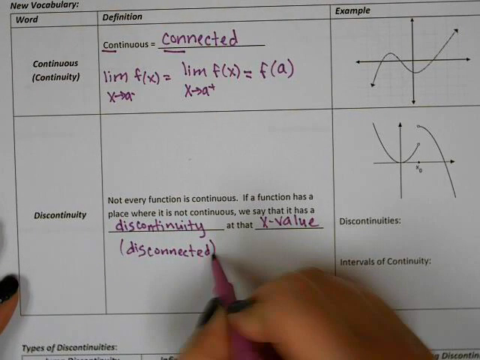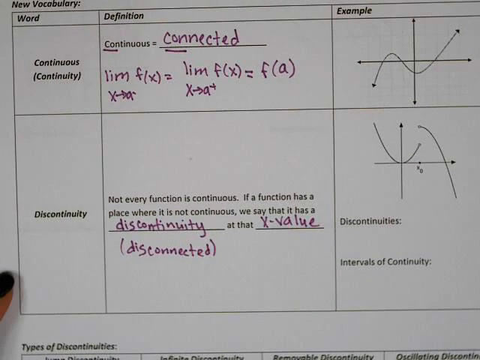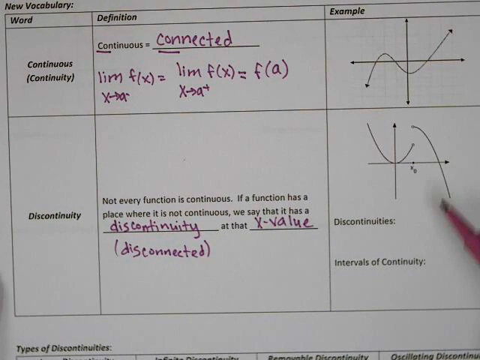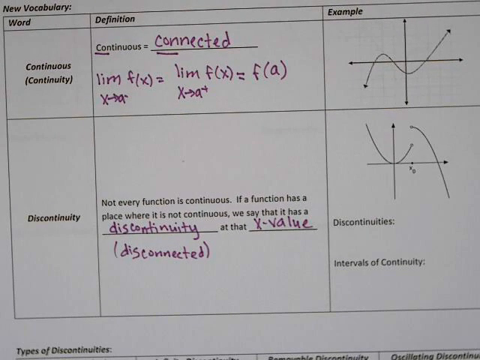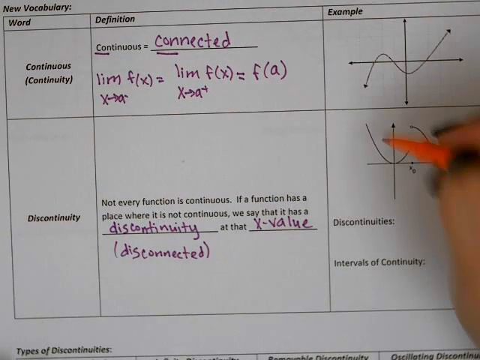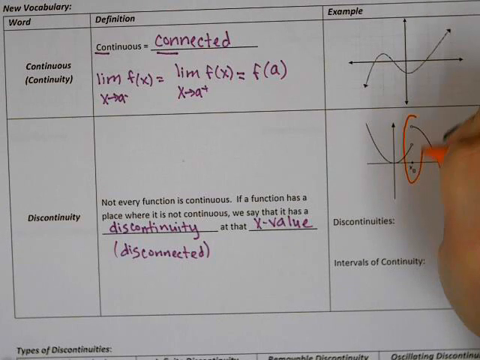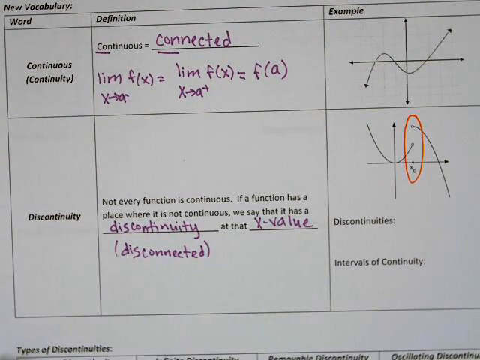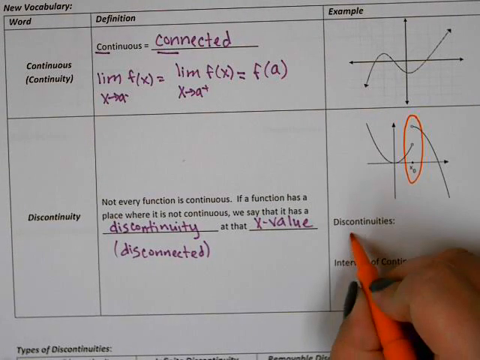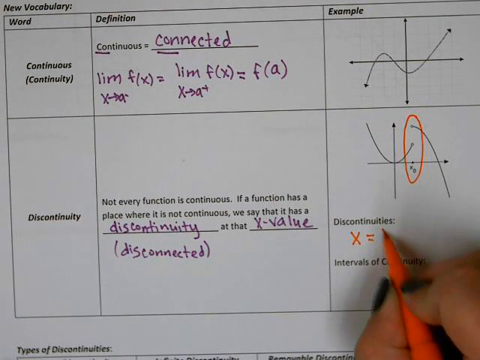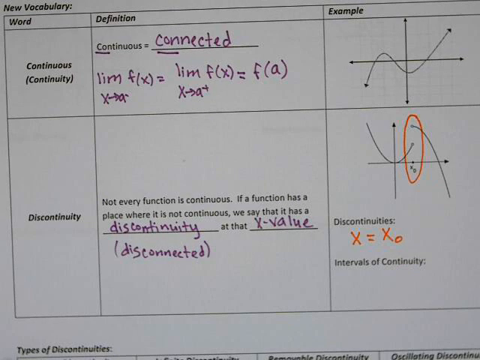We're going to talk about those different kinds of discontinuities that we can have. But even just looking at this graph, we can see that right here at x naught, there's a discontinuity. It jumps from here to here. So we have a discontinuity at x equals x naught.